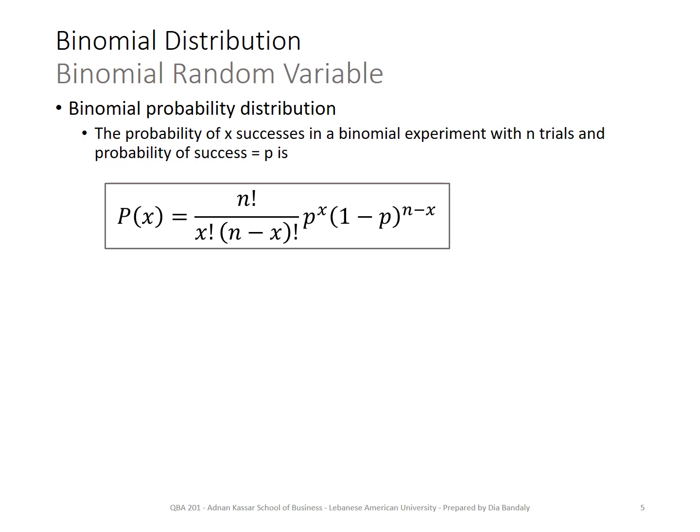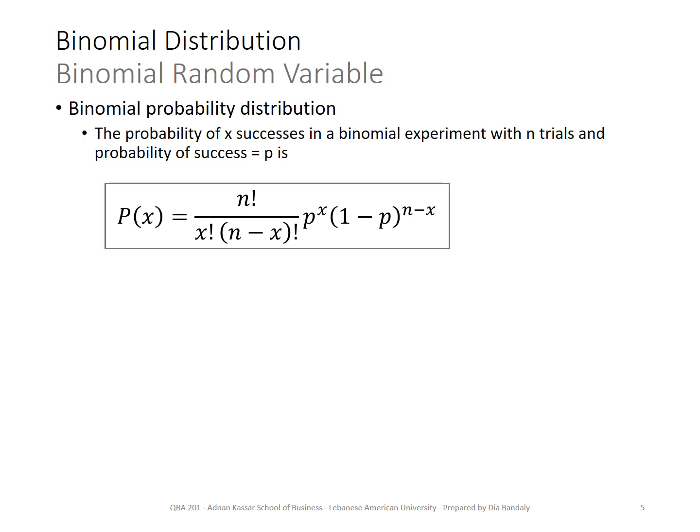From the previous slides, as illustrated in the probability tree, and using combinatorial counting, we can come up with the general formula for the probability of x number of successes whenever we have n number of trials in a binomial experiment.